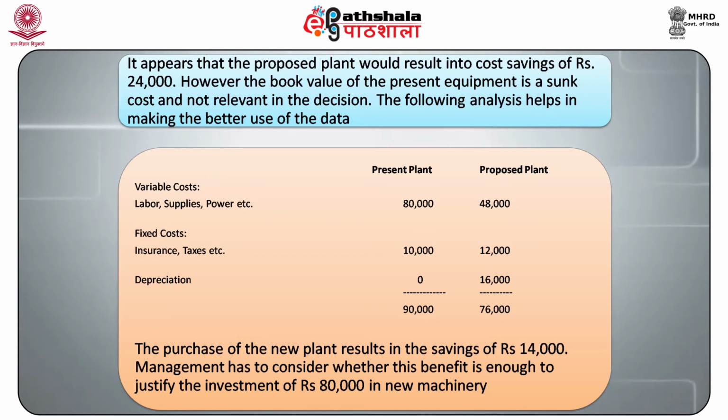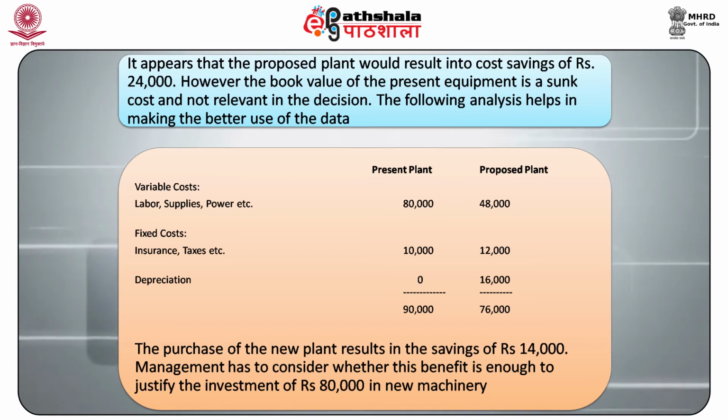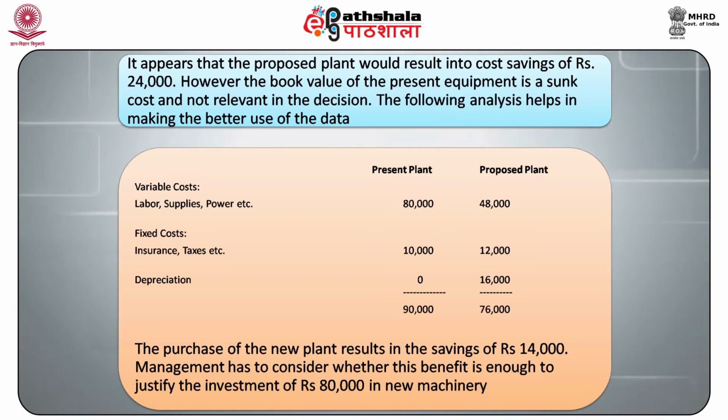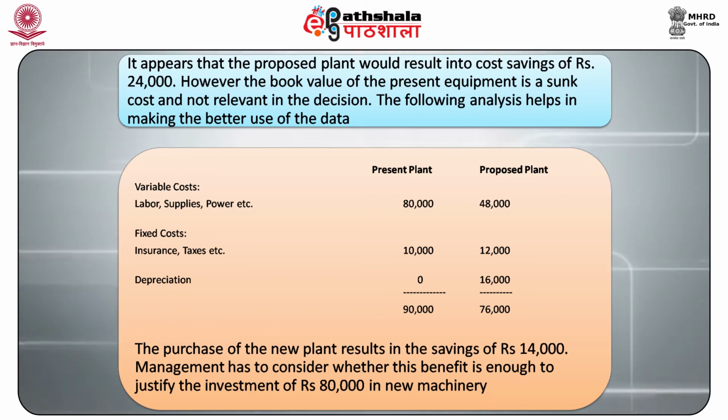For the proposed plan, the variable cost is 48,000, the fixed cost is 12,000, the depreciation at 60,000, the net being 76,000. The purchase of the new plant results in the saving of rupees 14,000. Management has to consider whether this benefit is enough to justify the investment of rupees 80,000 in new machinery.